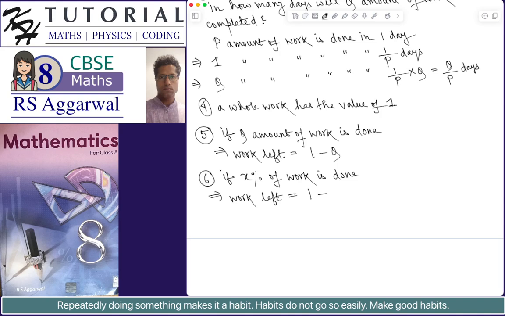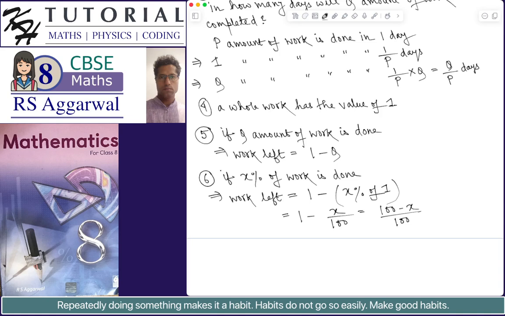If X% of work is done, what is the amount of work done? It is X% of 1, because the whole work is considered to be 1. So this is equal to 1 minus X by 100, which is equal to 100 minus X by 100. So if it is given that X% of the work is done, then the work left is definitely 100 minus X by 100.